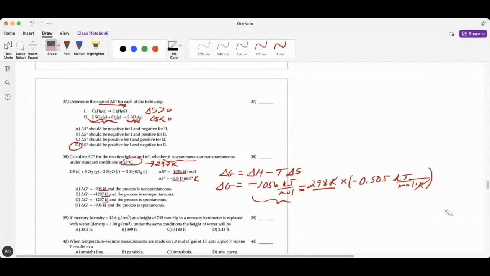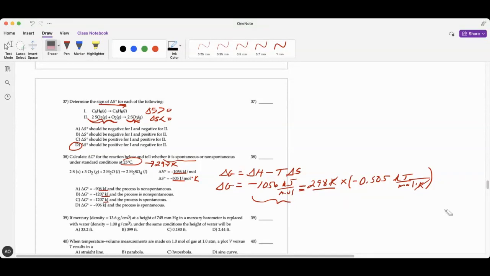I'm just putting it into my calculator. So I've got a negative 1056 minus 298 times a negative 0.505.